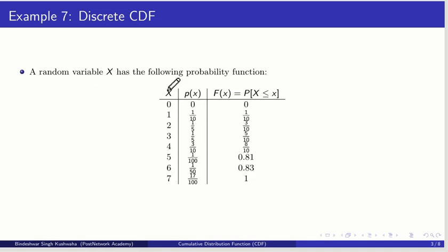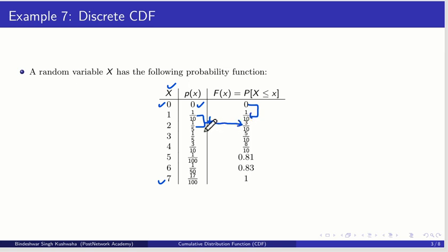Here x is a random variable and it can take values from 0 to 7, and the probabilities are 0 for x equal to 0, 1 upon 10 for x equal to 1, 1 upon 5 for 2, 1 upon 5 for 3, and so on. Here the probability is being accumulated: 0 for 0, thereafter 1 upon 10, then in 1 upon 10 you add 1 upon 5 and get 3 upon 10.